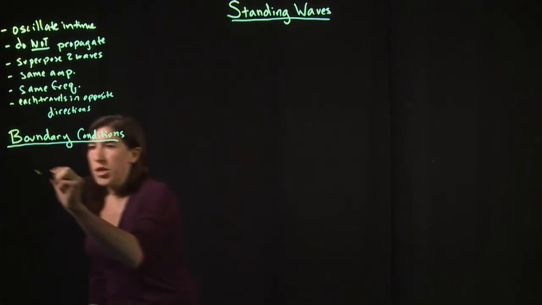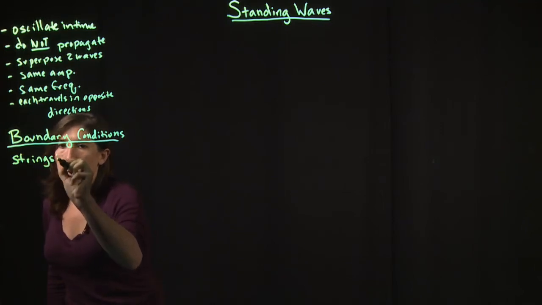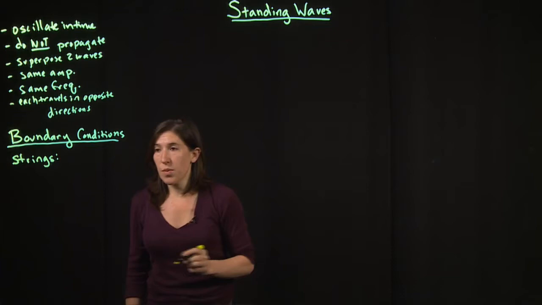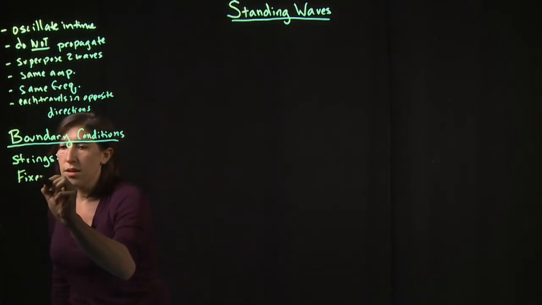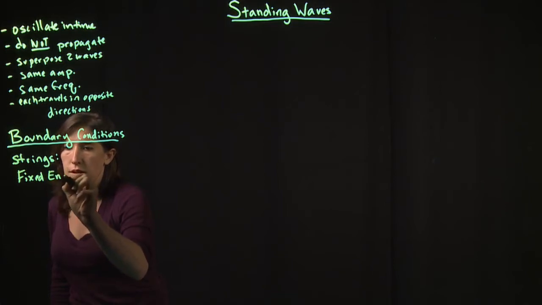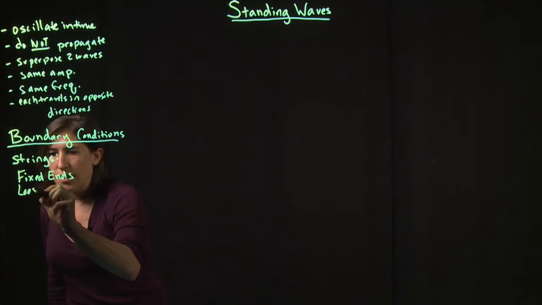So for strings, there are two types of boundary conditions we'll consider. We'll consider fixed ends and then what I'll refer to as loose ends.